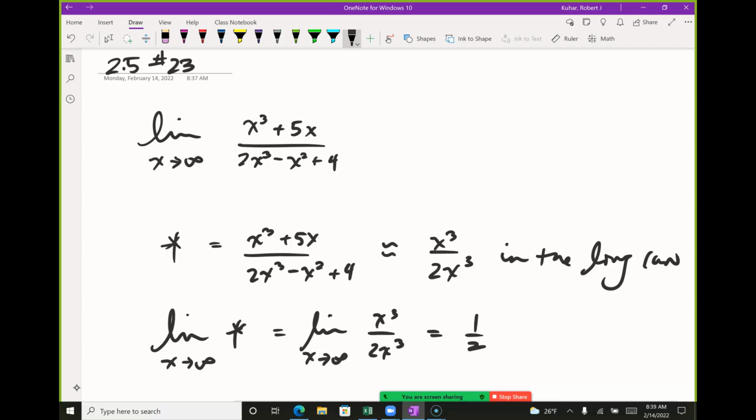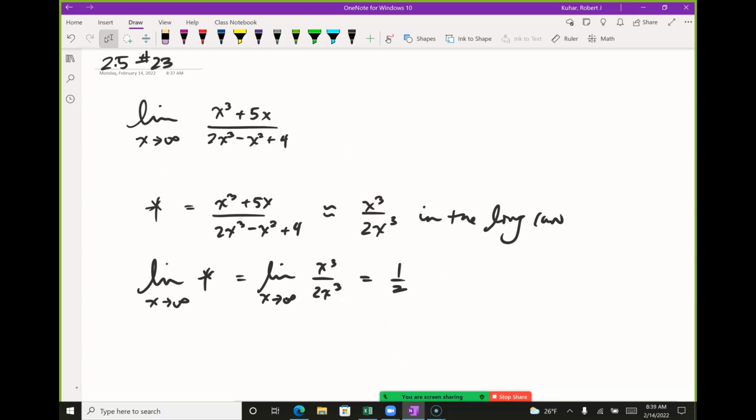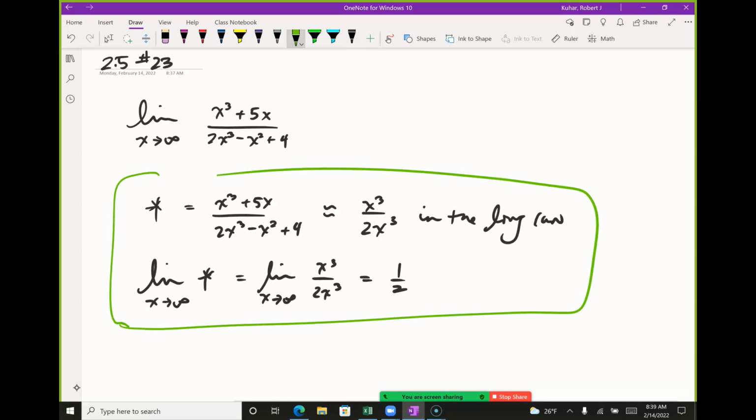And this is something to think about. When I have the mother of the numerator and denominator of the same power, the coefficients are going to be my limit there, the horizontal asymptote. So this is a quick way to think about it. This is the way we would think about it in pre-cal before we were doing limits.